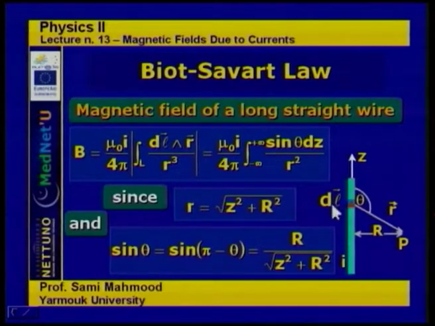Notice that we also have to replace sine theta in terms of z, because we are integrating over z. Sine theta is the same as sine of pi minus theta. That means sine theta is sine of this smaller angle, pi minus theta, which is equal to capital R divided by small r. Small r is the square root of z squared plus R squared.